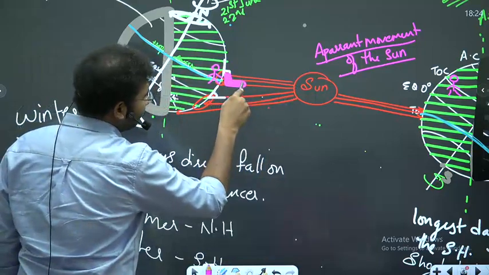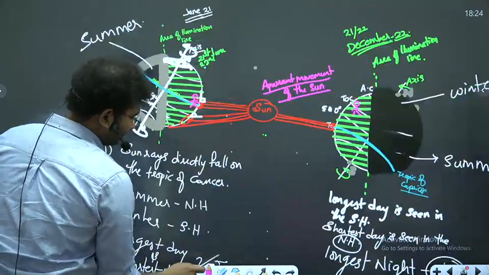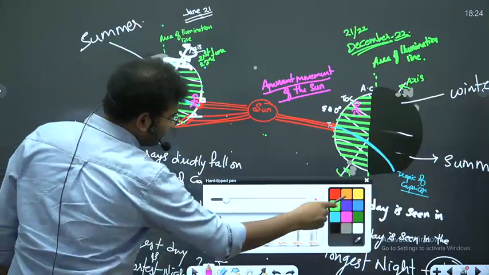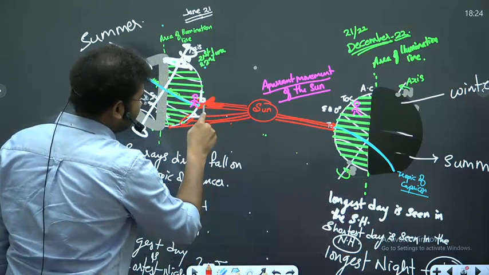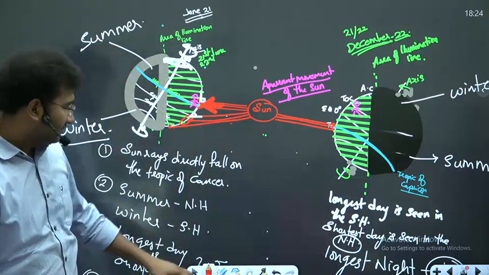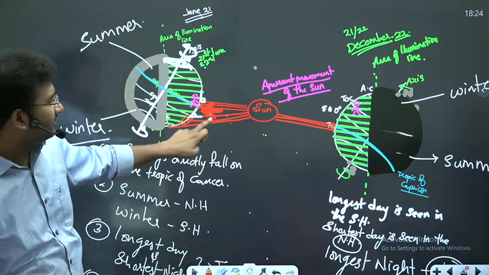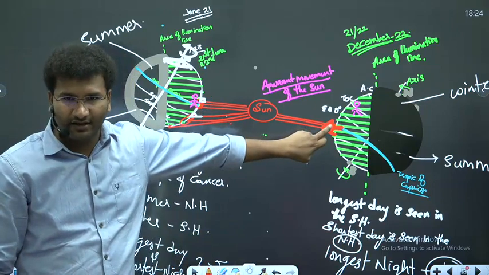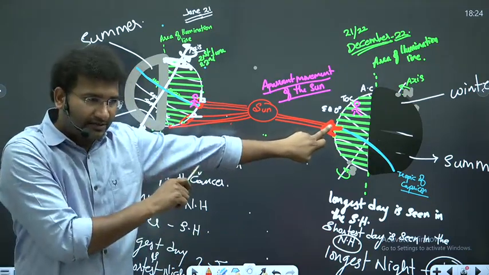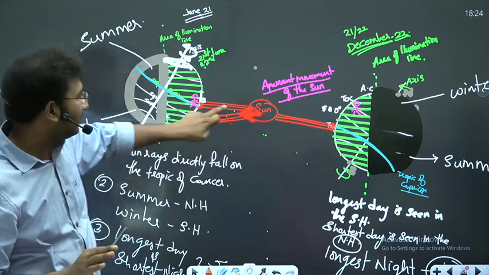I am marking these direct sun rays as an arrow. Just imagine this is the direct sun rays, right? So these direct sun rays, you got to see this in the month of June and in the month of September. In the month of January, this is what I am trying to explain through that diagram. Is it clear? Okay.